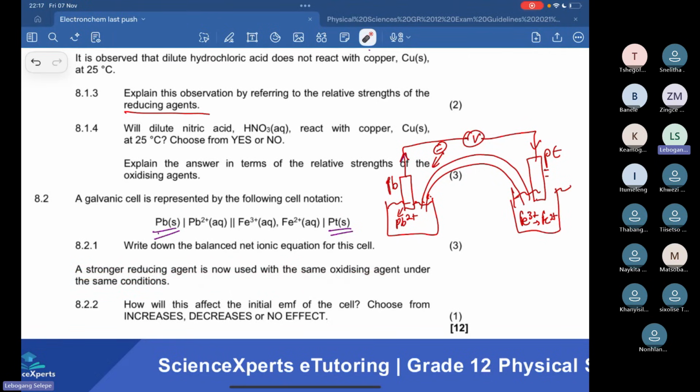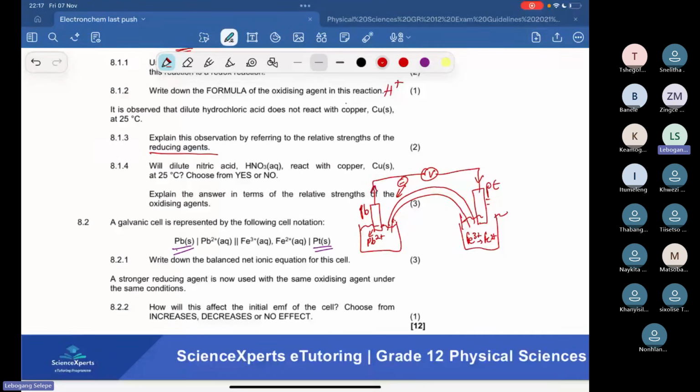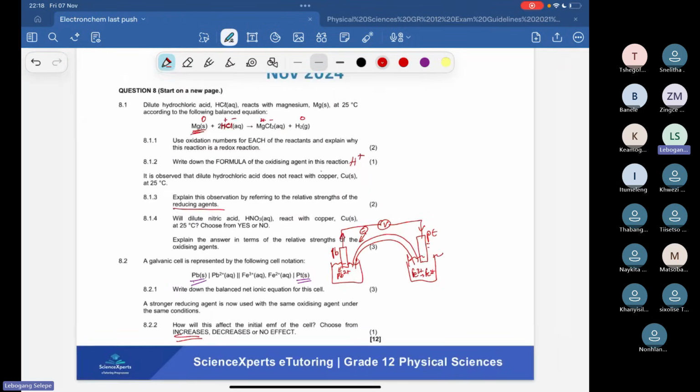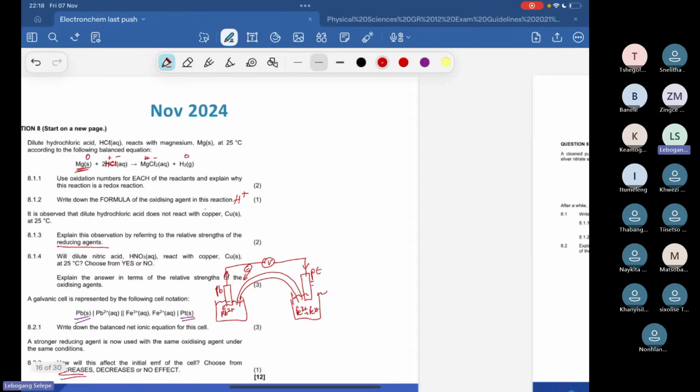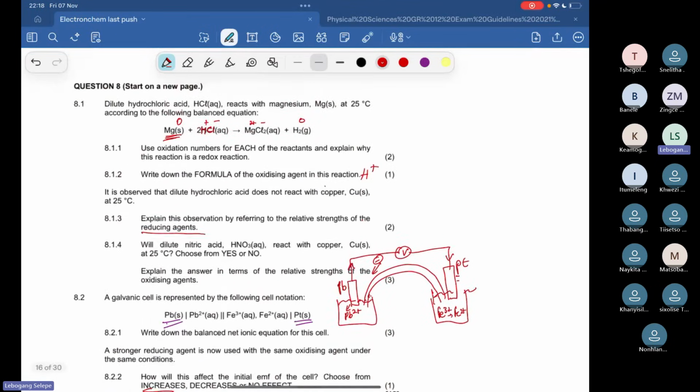Remember on our notes, we said that if we use a stronger reducing agent or oxidizing agent, the E cell would increase. So increase, sure. And they don't even want you to explain it. This was all on galvanic cells in 2024.